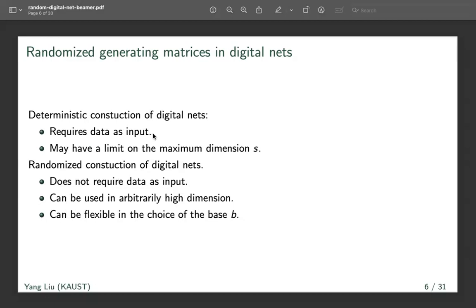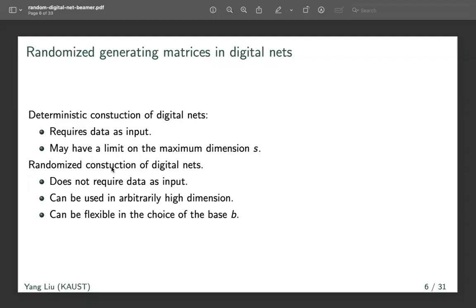For example, for the optimized generating matrices, we need these tables as input. And even though the dimension can already be very high for most applications, there may be a limit on the maximum dimension because we have only limited data.